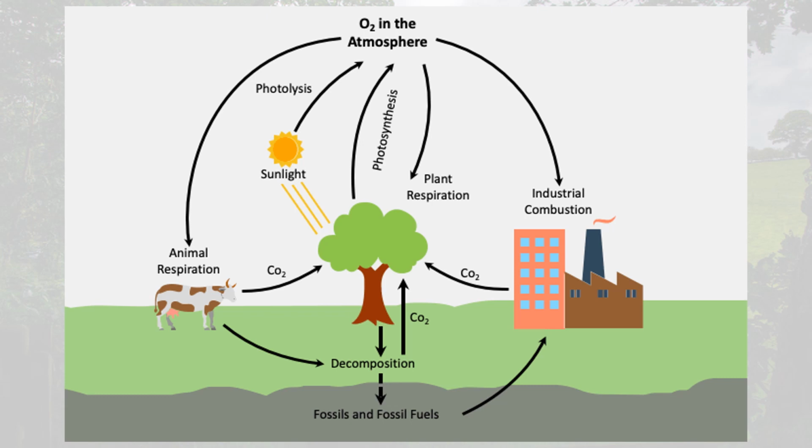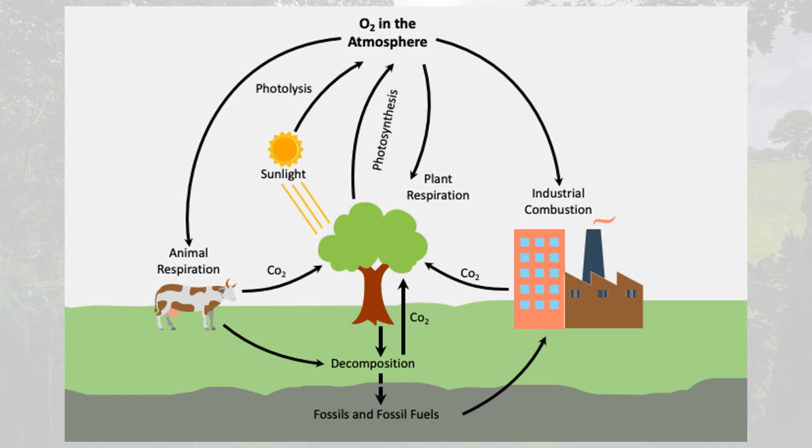And after the death and decay of animals and plants, the organic compounds get decomposed in the soil into fossils and fossil fuels, which are used up by the industries in combustion, which will again give back carbon dioxide to the atmosphere, which is used by plants to convert it into oxygen.